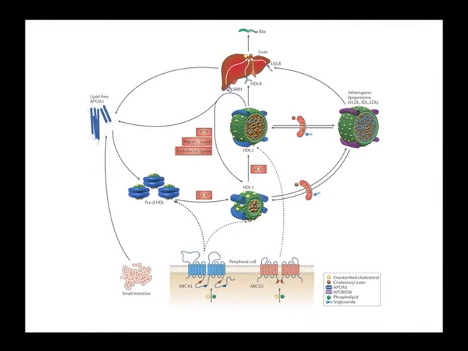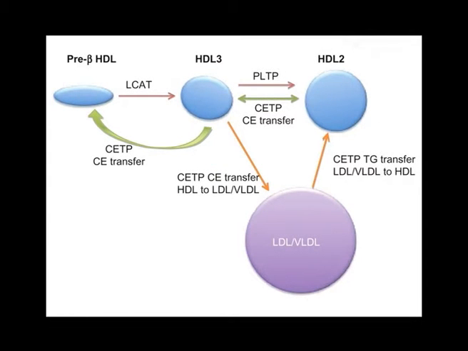HDL3 is then reformed either after selective delivery of cholesterol esters to the liver via the SRB1 or by hydrolysis of HDL2 phospholipids and triacylglycerols by hepatic lipase and endothelial lipase. This interchange of HDL2 and HDL3 is called the HDL cycle.